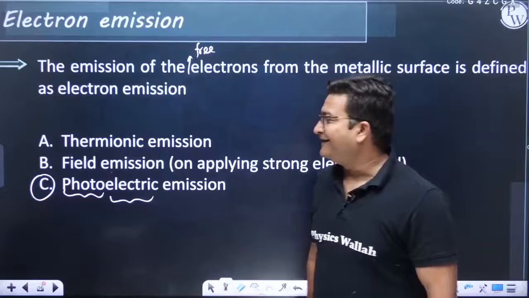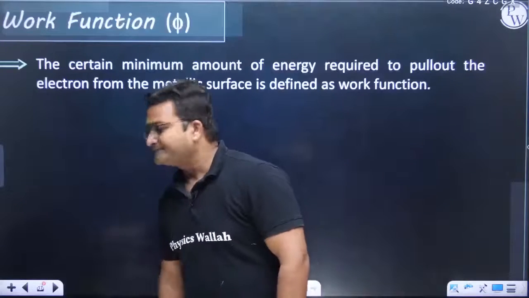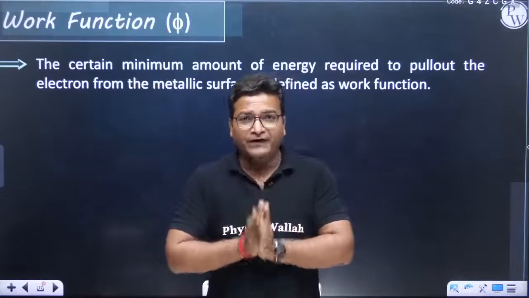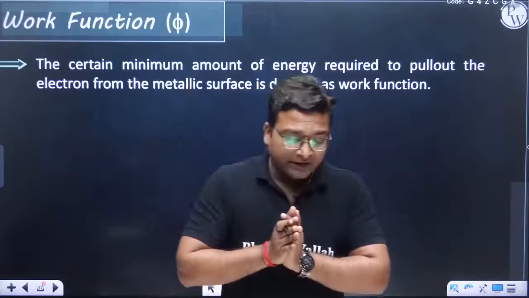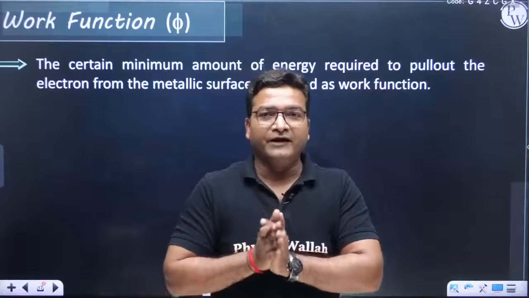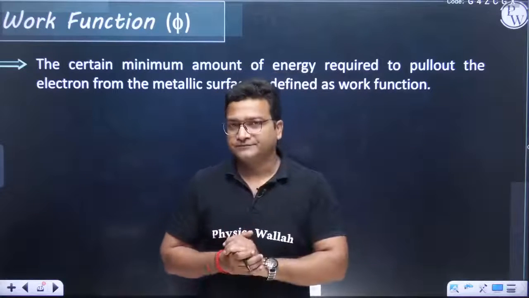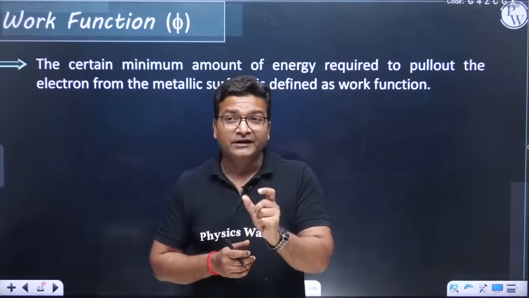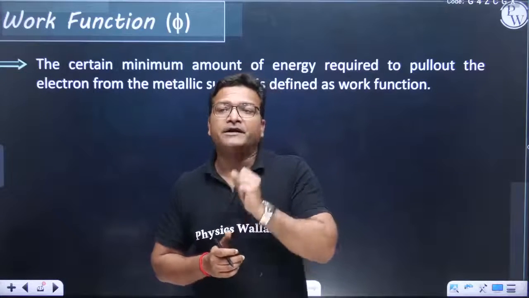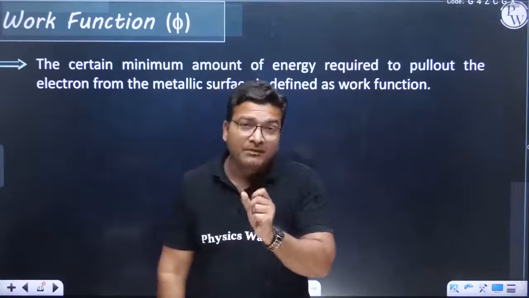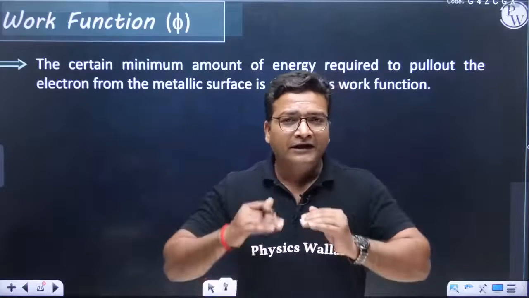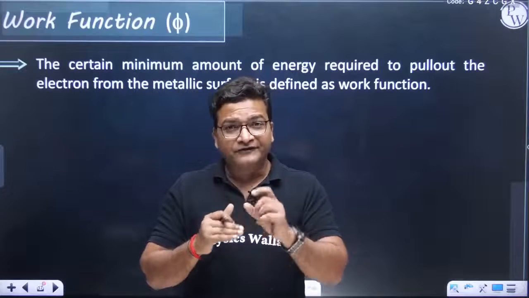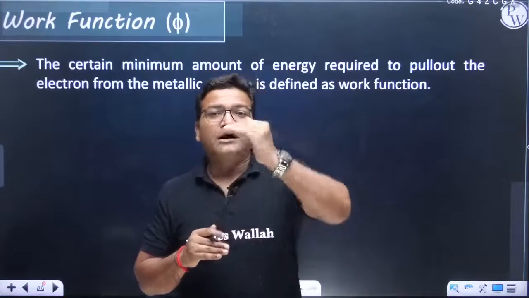Let us study the photoelectric effect now. The first thing that comes in the photoelectric effect is the work function. What is work function? Work function is the certain minimum amount of energy that an electron which is inside the metal requires to come out of it.